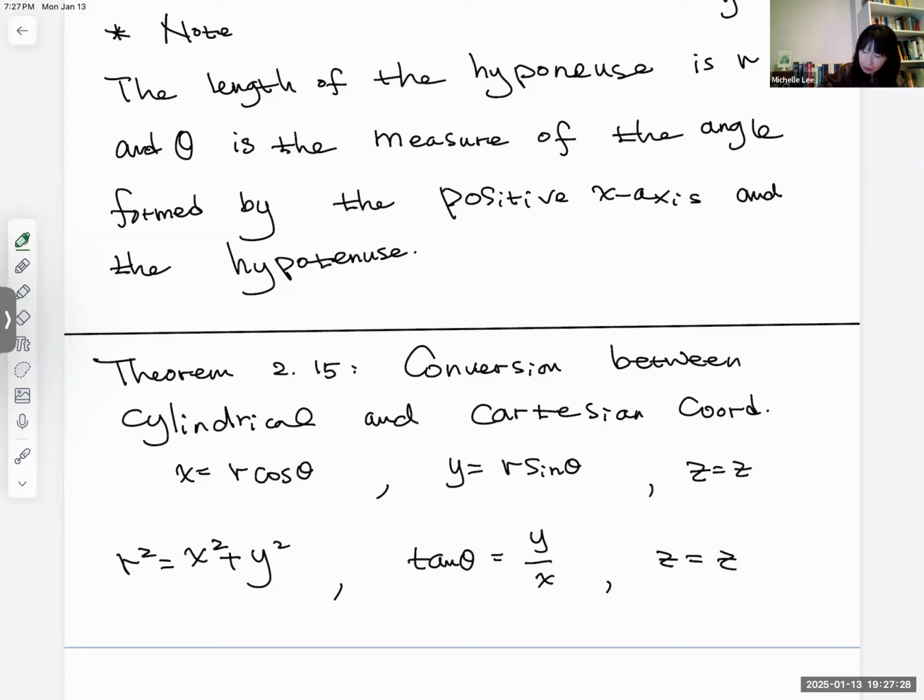Basically this is from cylindrical to Cartesian, right?